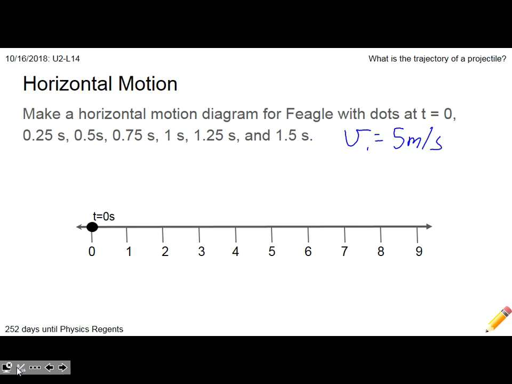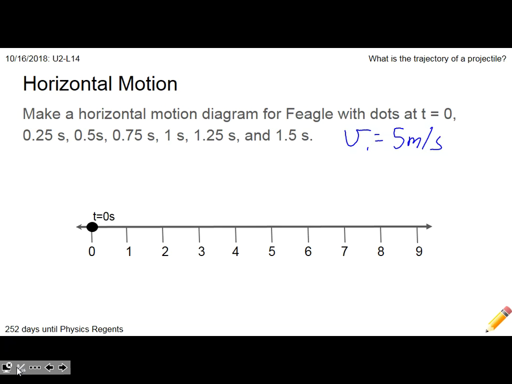Exactly. So you would draw this, and you're going to put dots. It's just 0. You don't have to write it down. So yeah, my hint is at t equals 0, at 0 seconds, it's at 0 meters.